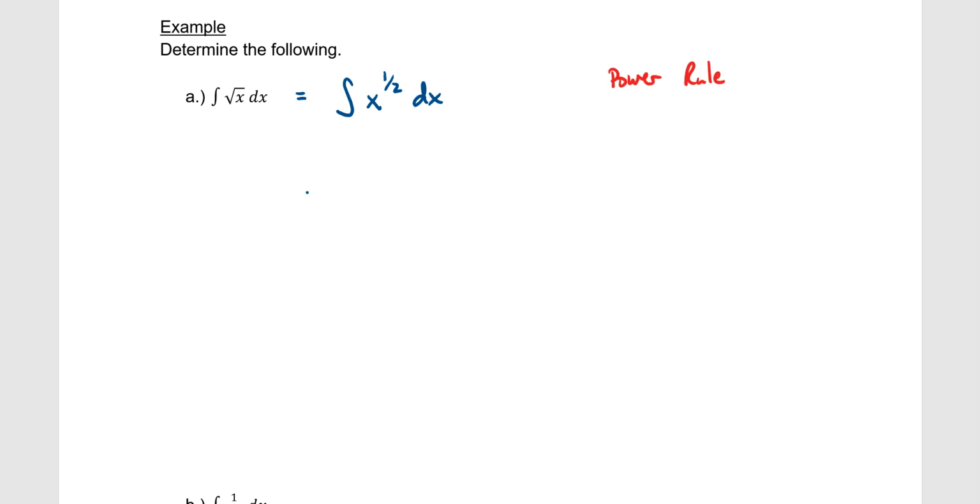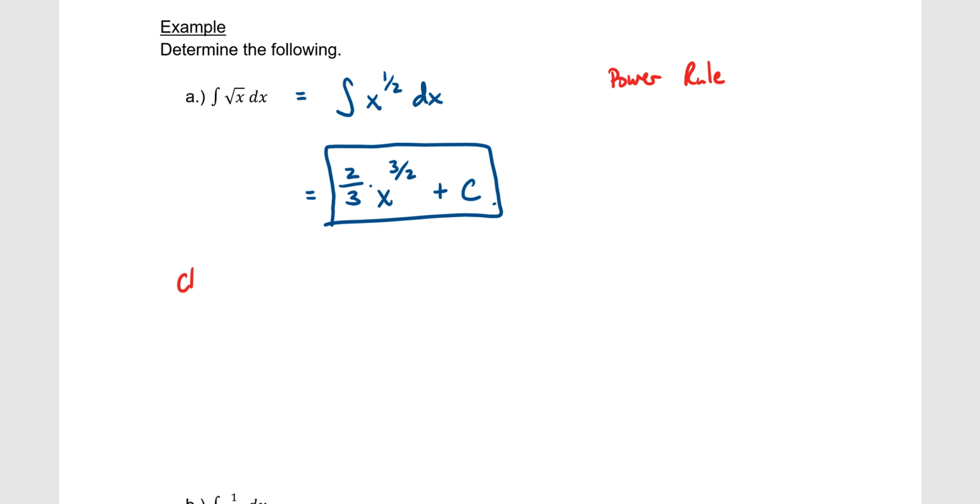So we add 1 to the exponent. 1/2 plus 1 is 1/2 plus 2/2, which is 3/2. And then you divide by 3/2. Instead of dividing by 3/2, multiply by the reciprocal, which is 2 over 3. And then as usual, we add some arbitrary constant, and that is the integral.